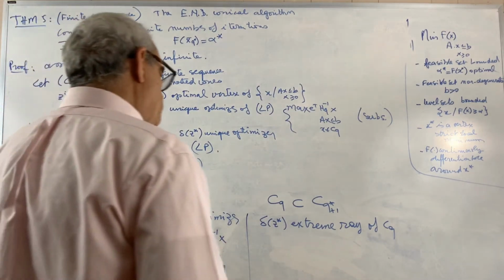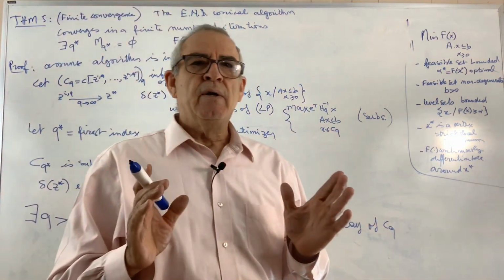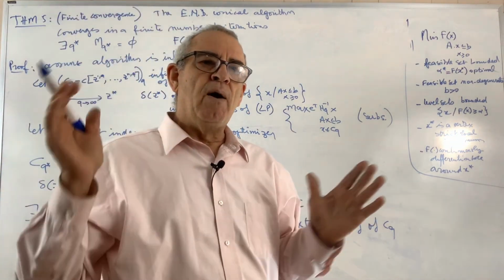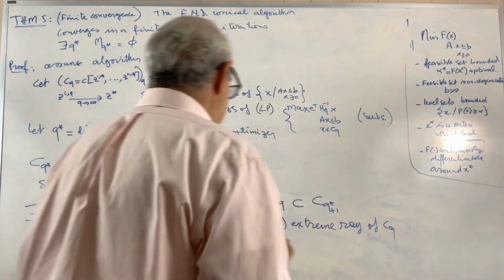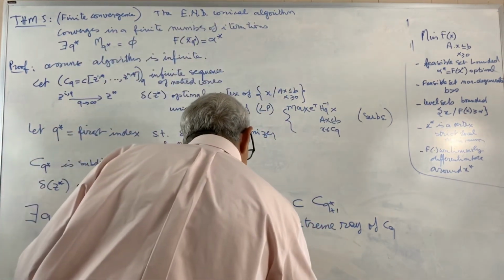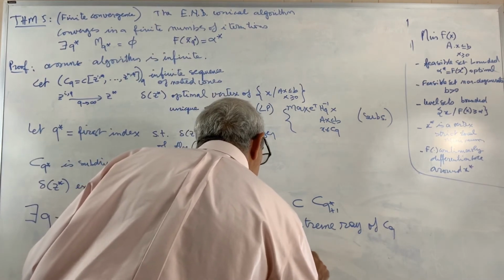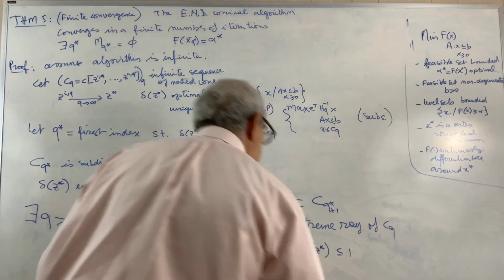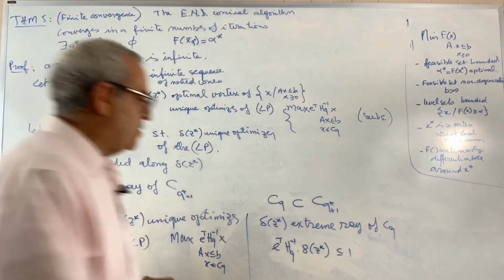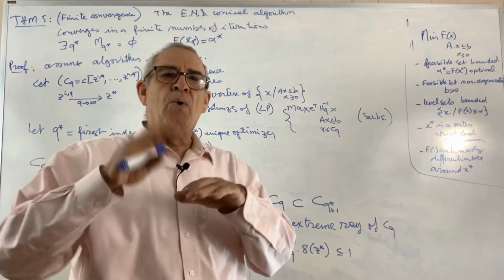And therefore, by construction of the algorithm, remember that the y's are always above the extreme ray delta of Z star. So therefore, E transpose HQ minus 1 times delta of Z star is less or equal to 1. Delta of Z star is under the y.